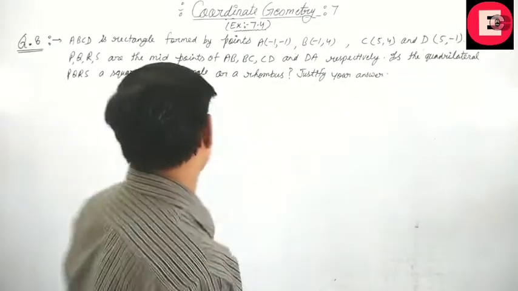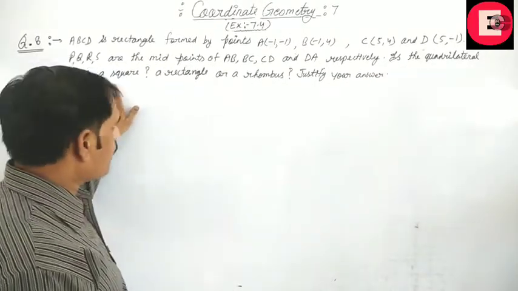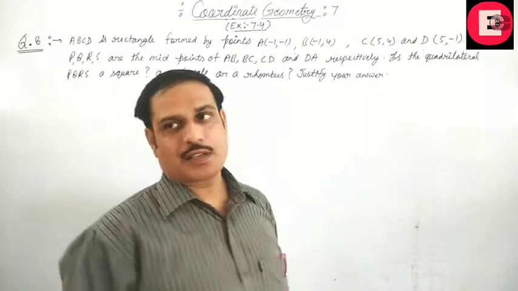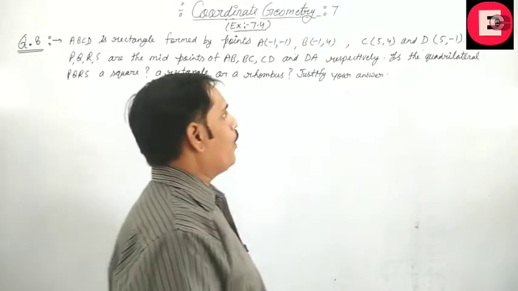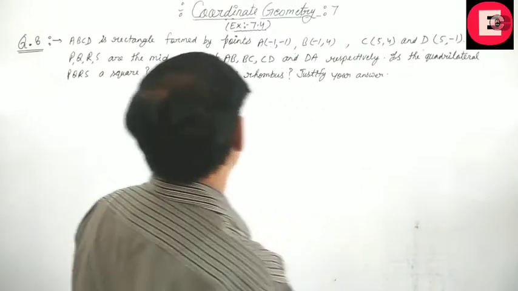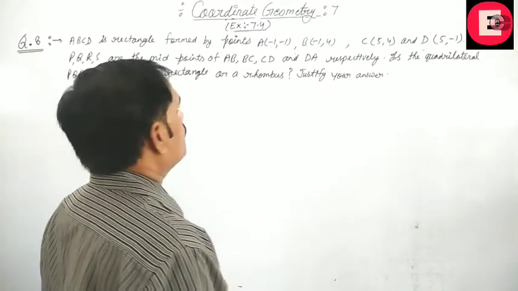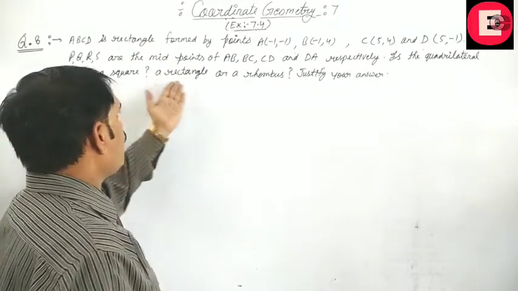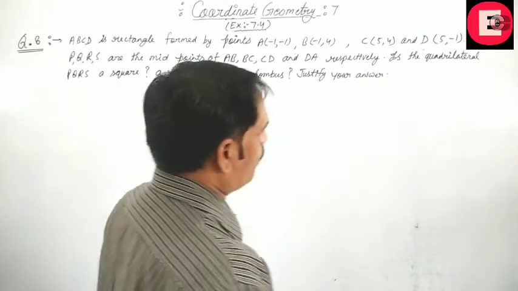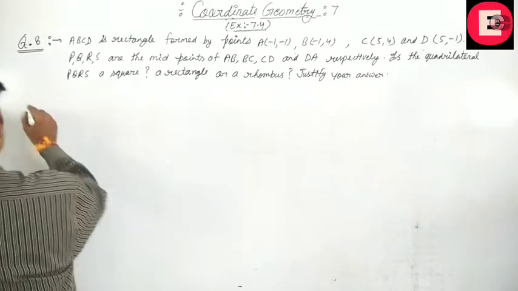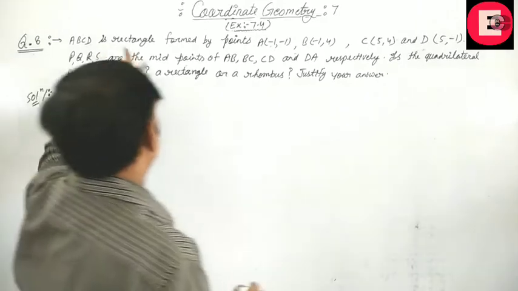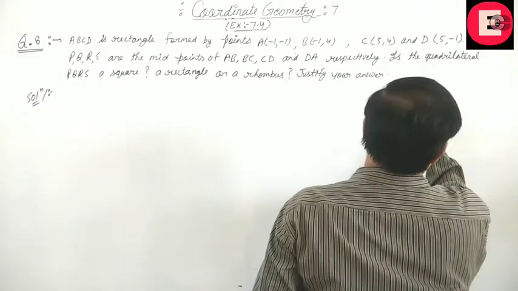Is the quadrilateral PQRS a square, a rectangle, or a rhombus? Justify your answer. So we will justify whether the given quadrilateral is a square, a rectangle or a rhombus. First we will draw a rectangle here.